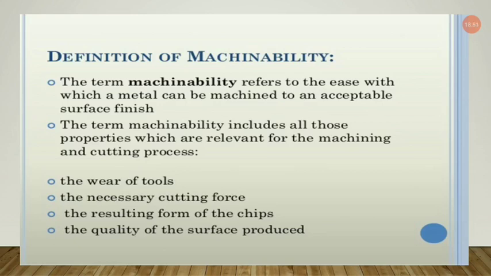So, in order to keep a balance, you have to justify the heat treatment of a particular metal before machining. You have to keep a balance between the surface finish and the tool life, because with the ease of machinability, the tool life also increases.